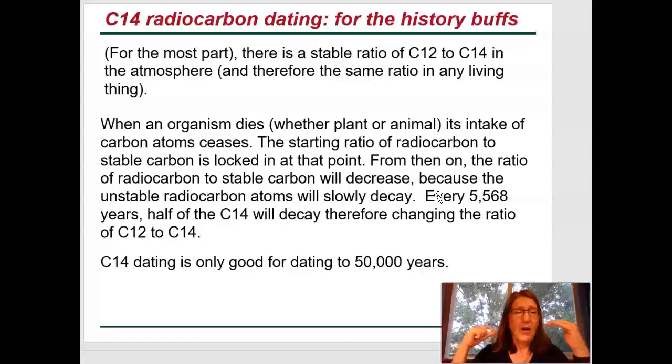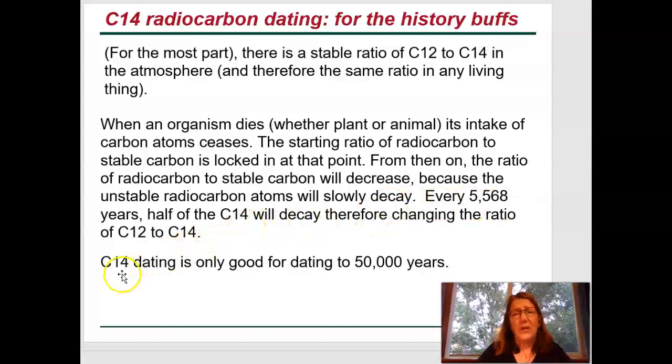Knowing that every 5,568 years half of the carbon-14 is going to be gone, they can actually tell how old the bones are.